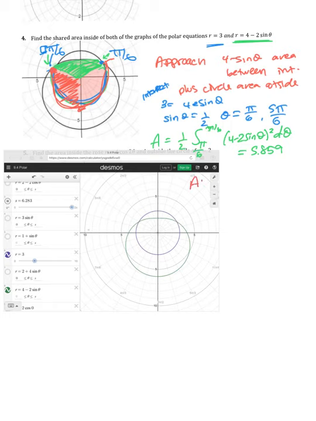We're going to find the area of 2 times 1/2. Yes, I know that those go away, but let's still see it because we're doubling, and the area formula has the 1/2. We're starting at 5 pi over 6, and we're ending at 3 pi over 2. And we're now using the circle, which is just 3 squared d theta. And when you plug this into your calculator, you should get 18.849.